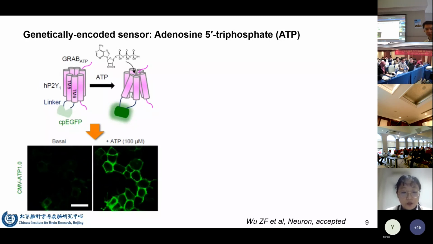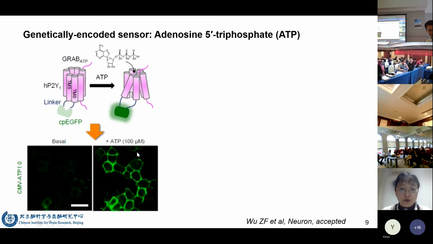In addition to its metabolic function intracellularly, growing evidence suggests that ATP released into the extracellular space can serve as a signaling molecule. So they explored this ATP sensor, where they inserted cpGFP between TM5 and TM6 of the GPCR, and they optimized the linker.